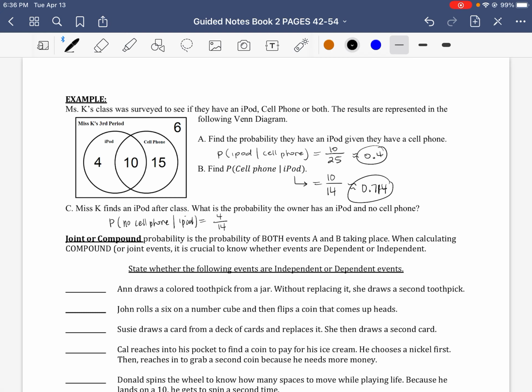So we're given they have an iPod, only 4 of them. I apologize. They were given they have an iPod, 4 of them don't have a cell phone. So we are going to calculate that. Cool.